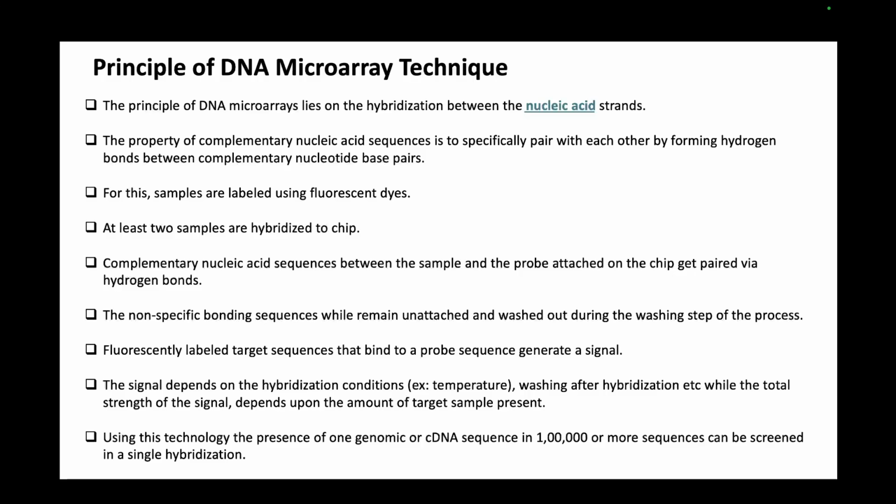So this technology is useful, and it is still used till date to measure gene expression and other stuff. It is a very useful method, and it's also not very costly. So this is one of the very useful methods that is still in use, but we have better technologies now.